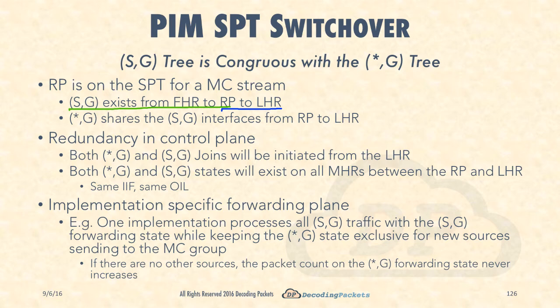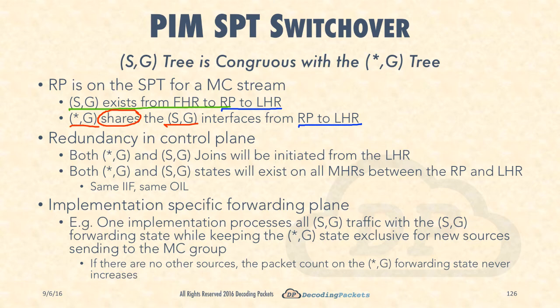Between the RP and the LHR, the star,G and the S,G share all of the interfaces. So all of the IIFs and the oils should be completely similar to each other. They should be an exclusive set of interfaces between the RP and the LHR.